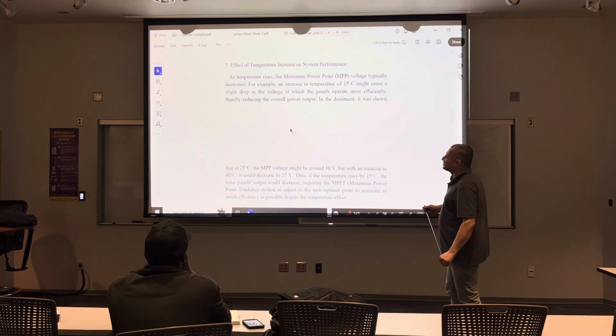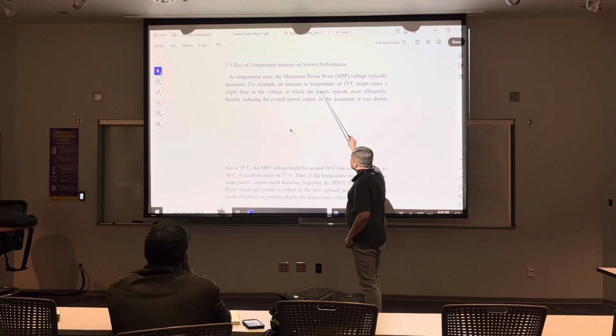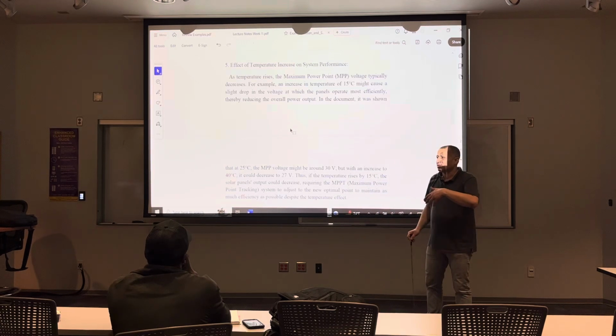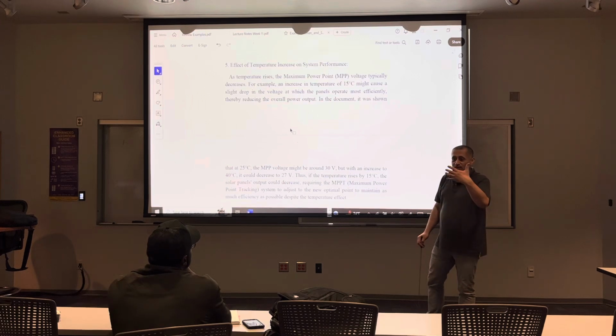For example, an increase in temperature of 15 degrees. It was 27 or 30, and increased by 15 degrees. Now the new temperature is 45.